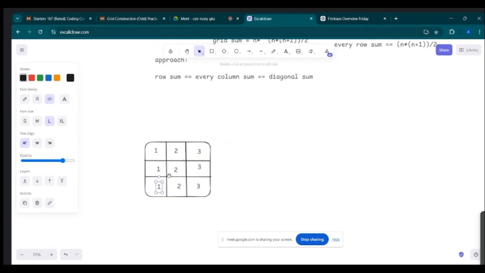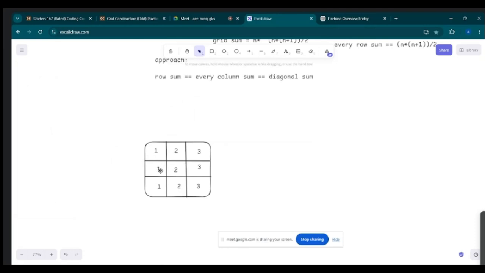Here we can see every row has an equal sum, which is also equal to the diagonal sum, both diagonals. But here we can see every two adjacent columns do not have a similar sum.